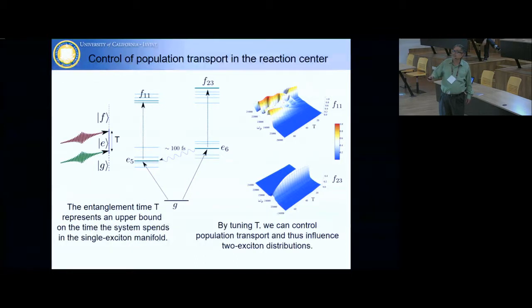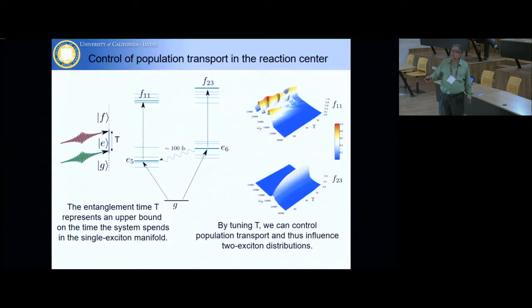So this is an example of the population of F23 as a function of the entanglement time. If the entanglement time is long, the system is classical, which means the two photons are not so close, and then you get some population.